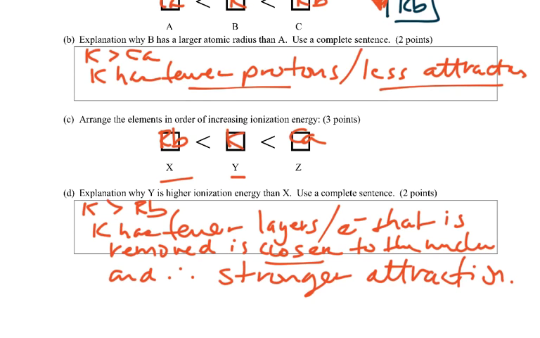So the line of reasoning again is that K has fewer layers, the electron is closer to the nucleus, and therefore it's got a stronger attraction. That's why it has a higher ionization energy.